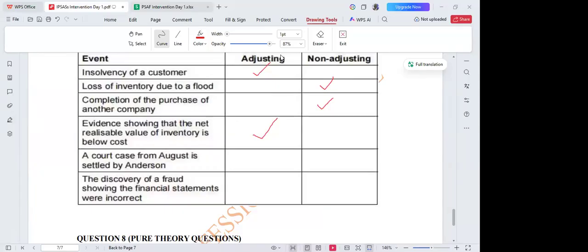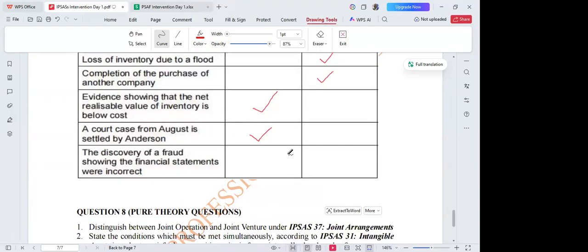It is an adjusting event because it occurred during the year. Okay, so the court case started from August and was settled after the year end. The underlying condition was existing before or at the reporting date. So that's correct. Next, let's go to the last one.